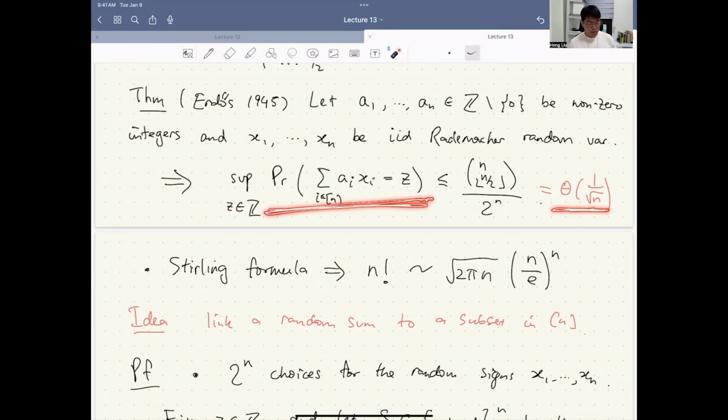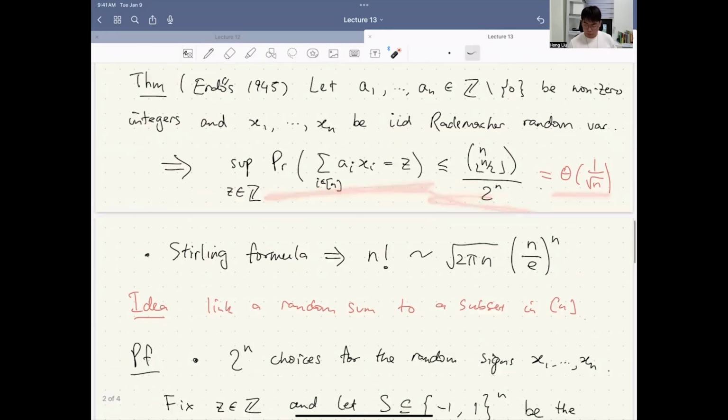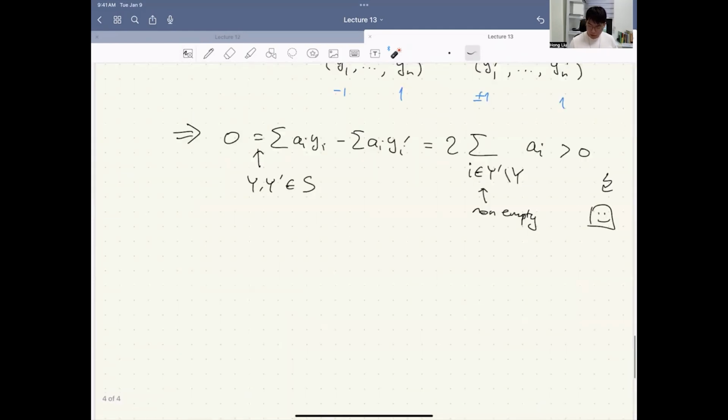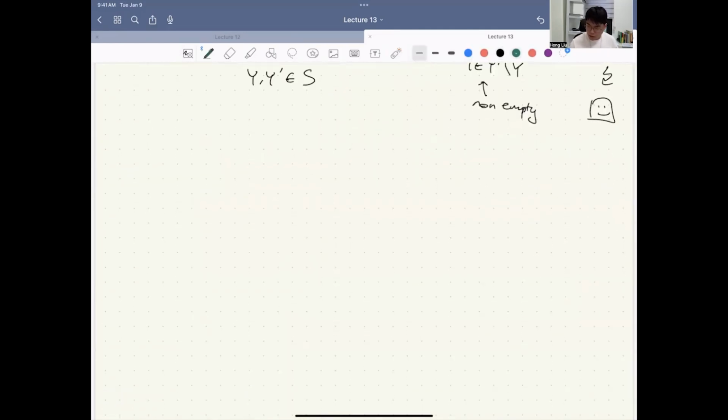And the remark I want to make is that this is indeed optimal. The bound here is optimal.